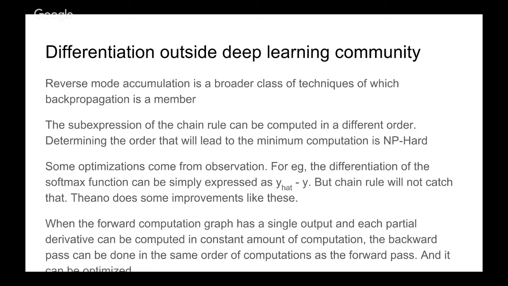Also, the author claims that when the forward computation graph has a single output and each partial derivative can be computed in a constant amount of computation, then the backward pass can be done in the same order of computations as the forward pass, and also it can be optimized.